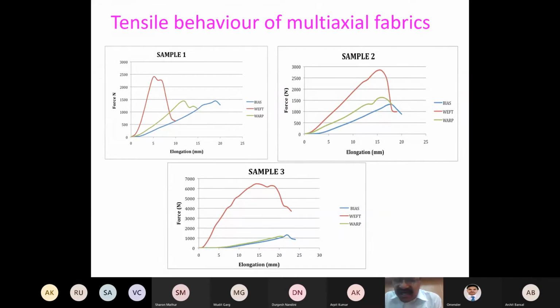So these are typical load elongation characteristic curves of multi-axial fabric, both in warp and weft direction. Look at the typical shape, which is different from conventional two-dimensional fabric.